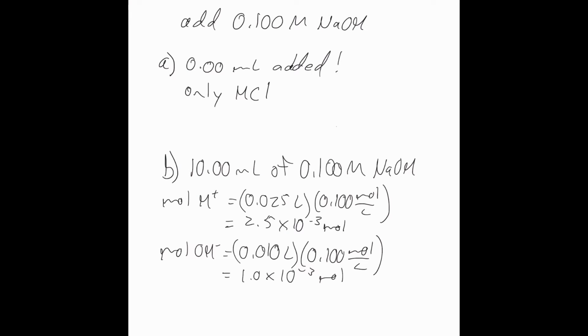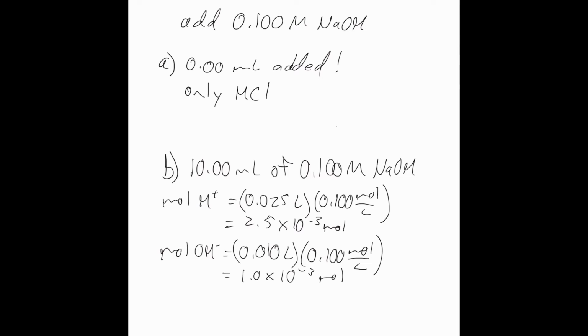All right, so now we have our problem set up. We have 25 milliliters of our 0.1 molar HCl, and we're going to add 0.1 molar sodium hydroxide to it by a certain number of milliliters. We had 4 different ones, and I've got A written here, so we add 0 milliliters. This is before we add any sodium hydroxide.